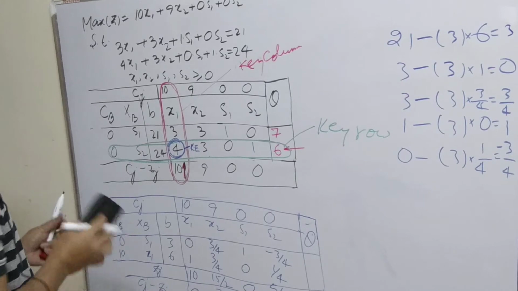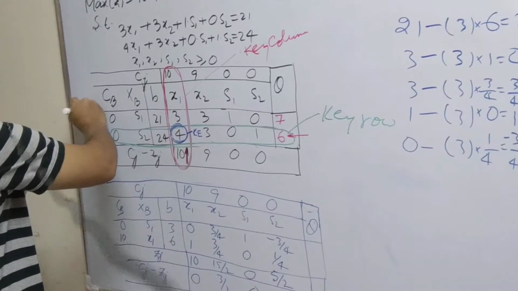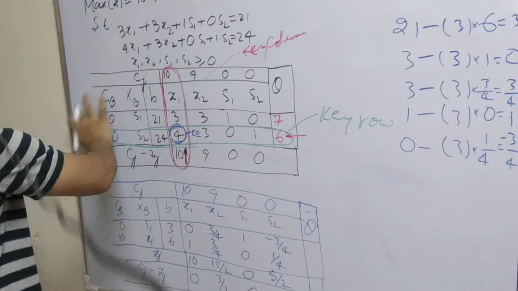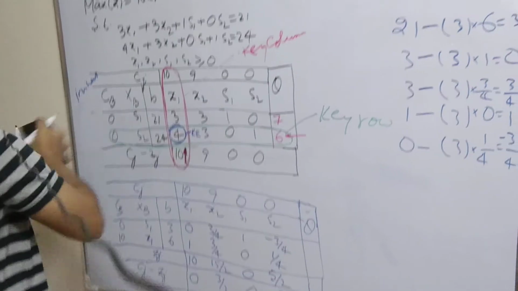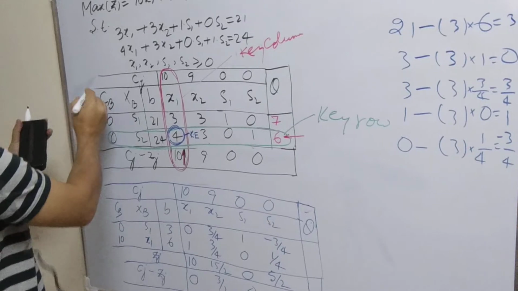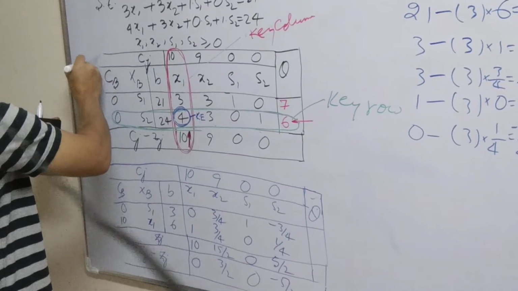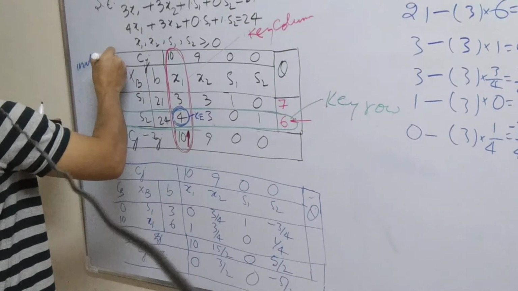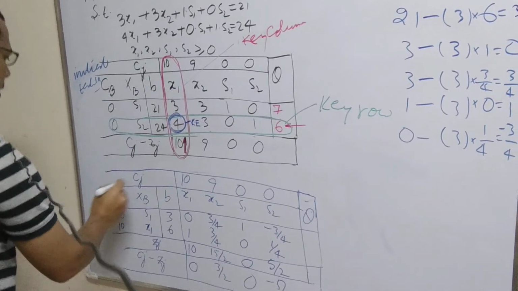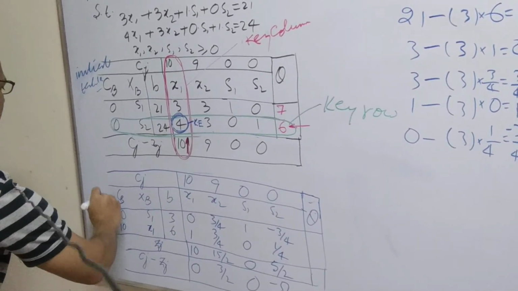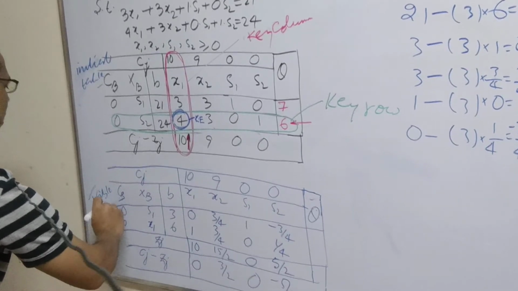This first table is called the initial table, and the next one is table 1.